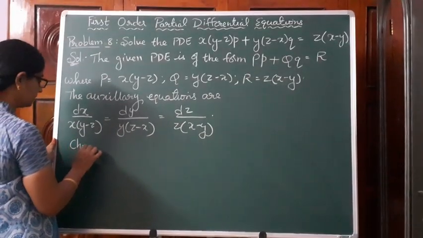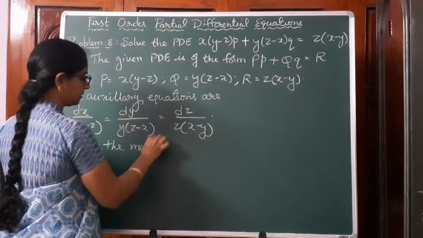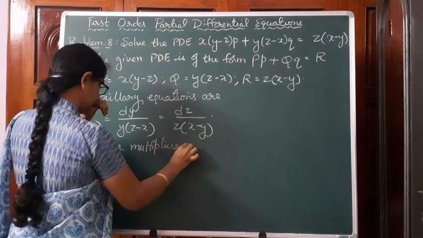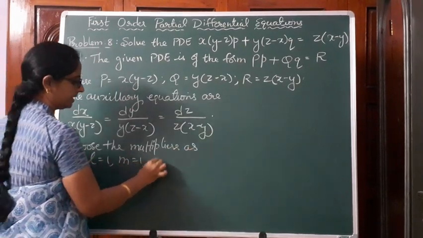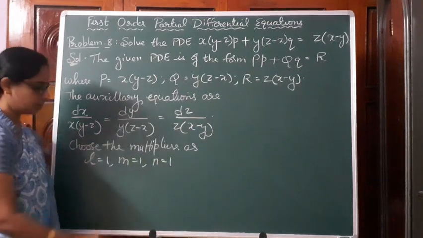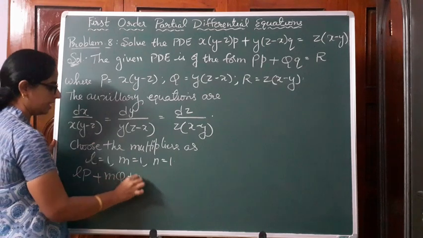So choose the multipliers as L is equal to 1, M is 1 and N is also 1. So what is LP plus MQ plus NR here?